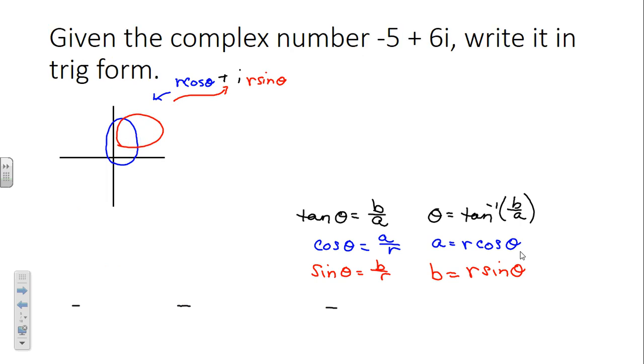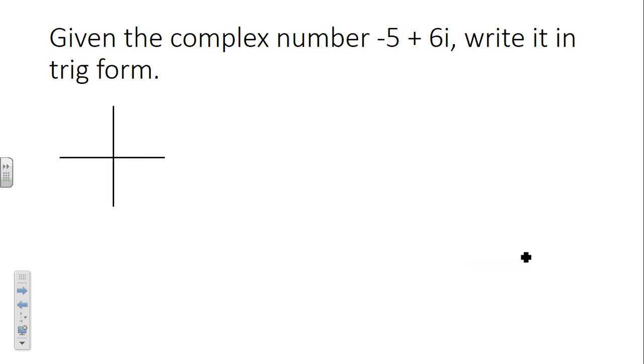All right. So, given the complex number -5 plus 6i, let's write this in trig form. The trig form of the complex number. So we've got the standard form, we want to go to trig form.